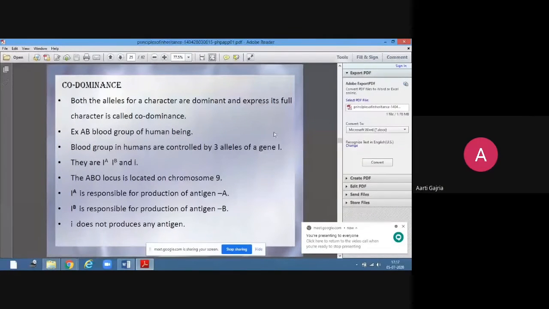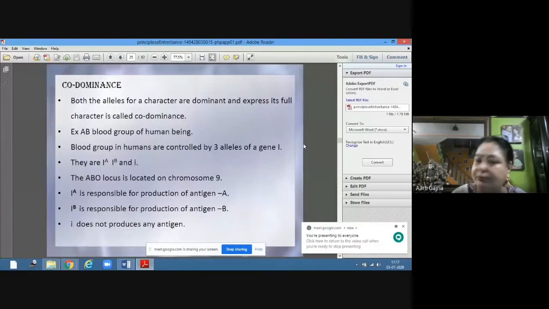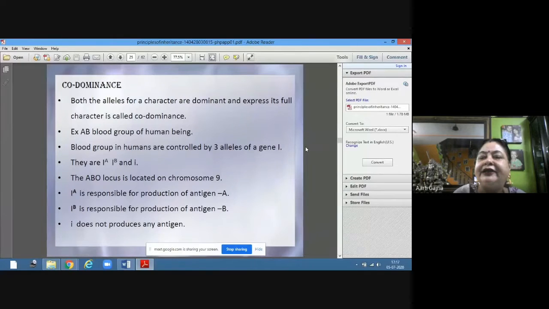Now, a human being is a diploid organism, so it has two of them. Any human being will have two alleles out of these three alleles of one gene. And this phenomenon is called multiple alleles because there are more than two.